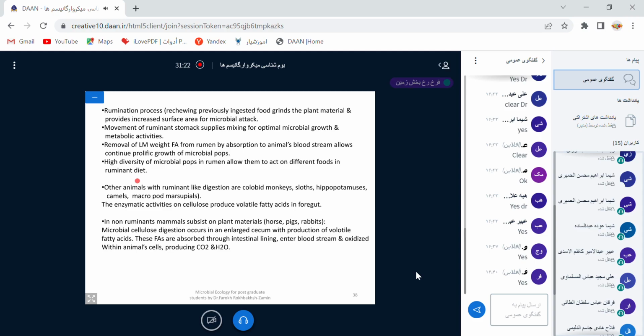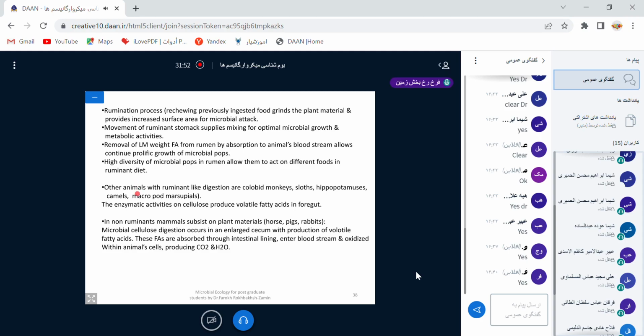The cow's life is dependent on plants containing cellulose, chitin, pectin, hemicellulose, so plants contain different types of composition. Accordingly, different types of microbes which can degrade them are present there.